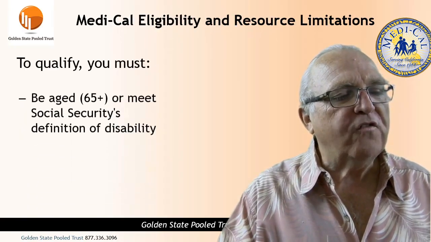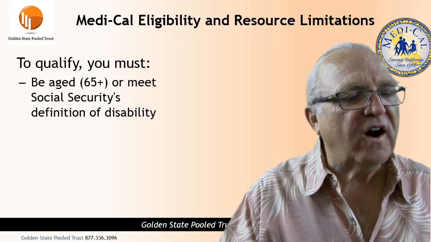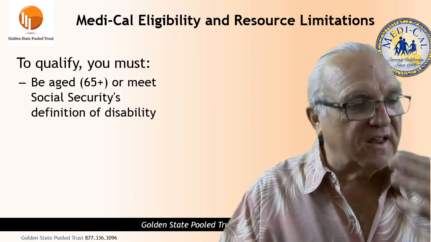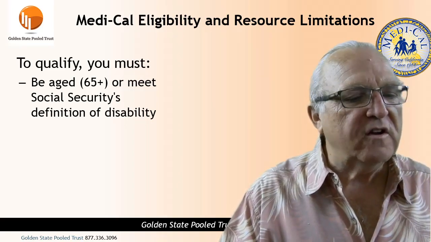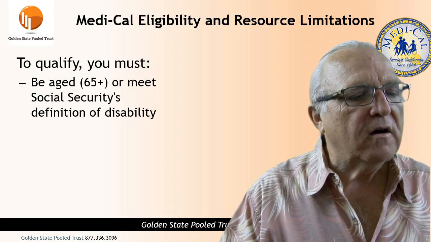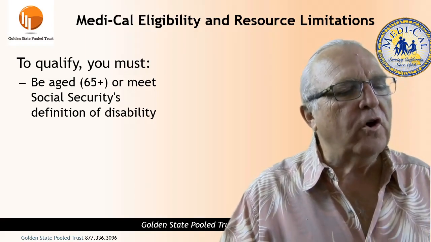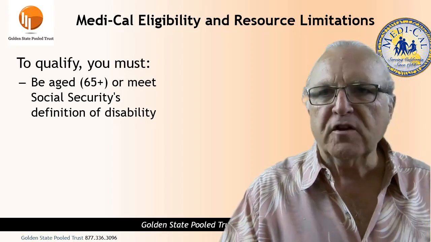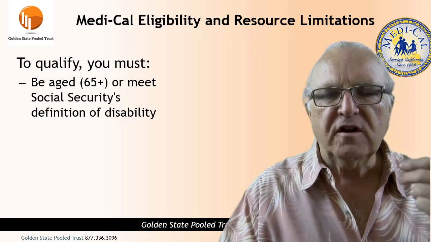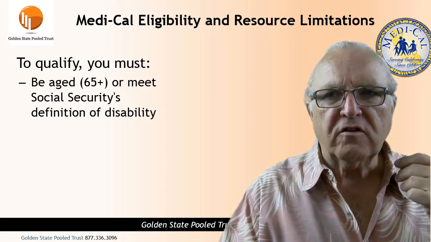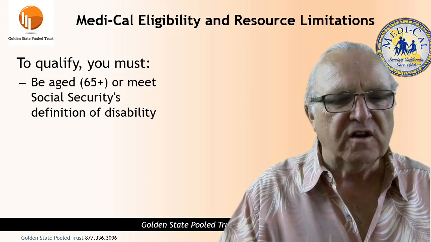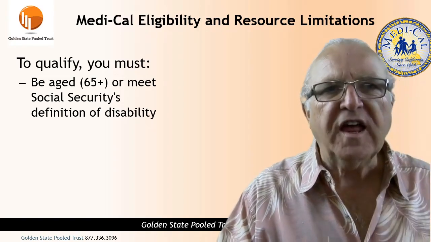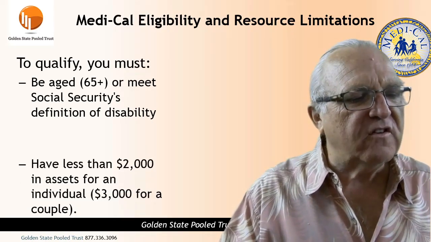So, to qualify, you have to be 65 or older or be disabled according to Social Security's definition of disability. Their definition of disability is the inability to do substantial gainful activity for that year. So really, it's the same qualification as it is for SSI.